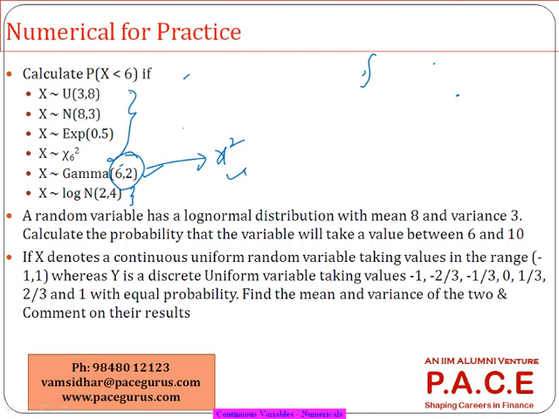See, we have said that if the gamma is in this gamma distribution, gamma of alpha comma lambda, if this lambda is equal to half, it will boil down to chi-square distribution with degrees of freedom 2 alpha, double of this.